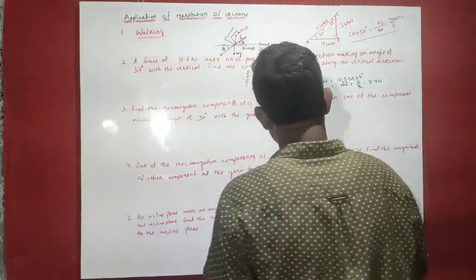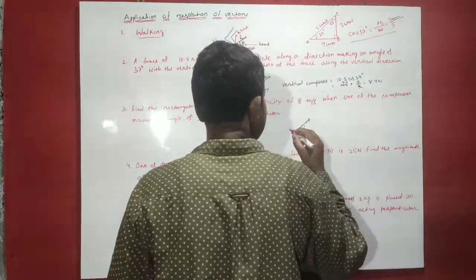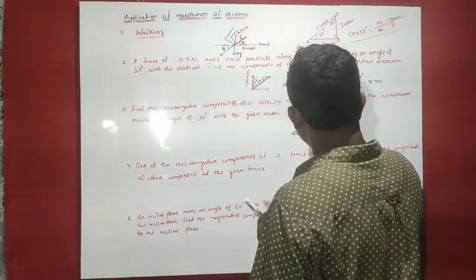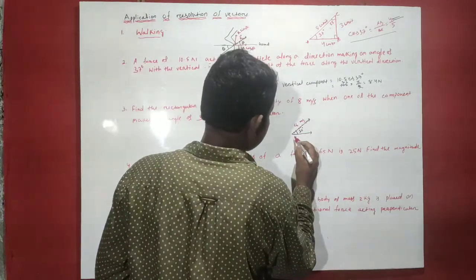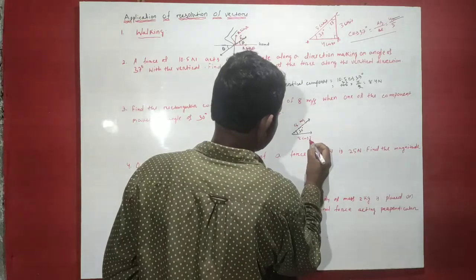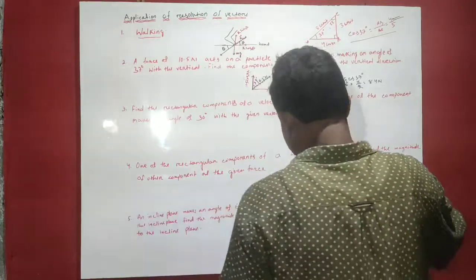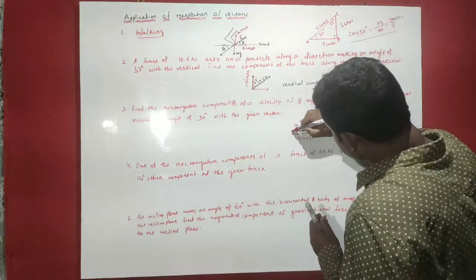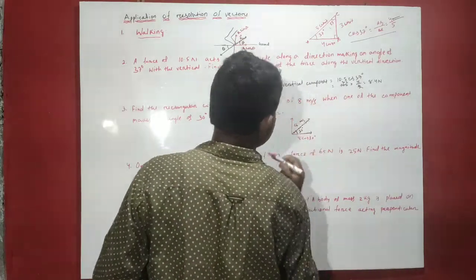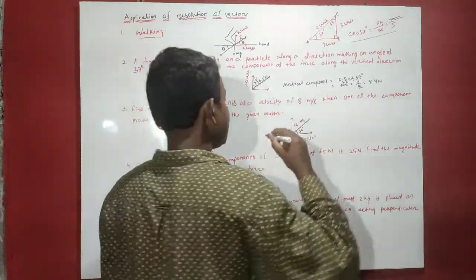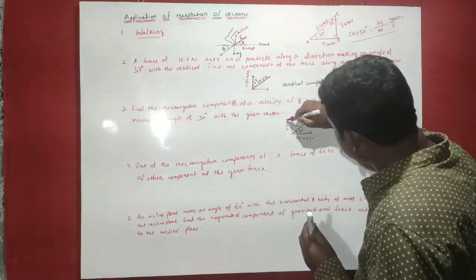When we resolve this velocity vector of 8 meter per second, it gives the resultant of 8 cos 30, which is along the horizontal direction, and another is along the vertical direction. This is 8 sin 30.